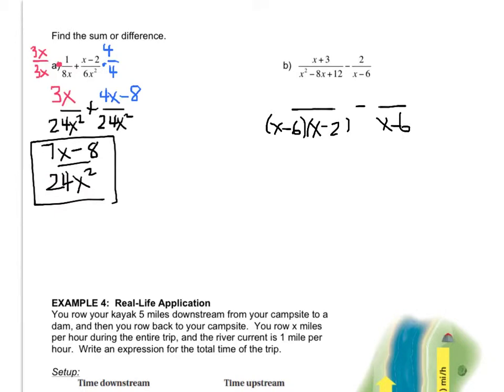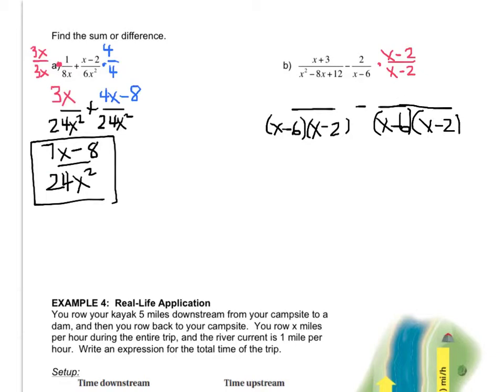So I have to figure out what I need to multiply each of them by to get a common denominator. Well, conveniently, the only thing I need to change is the second fraction, because the first fraction has x minus 6 in it. So the only thing I need to do is multiply this by x minus 2. And then I have a common denominator of x minus 6, x minus 2.